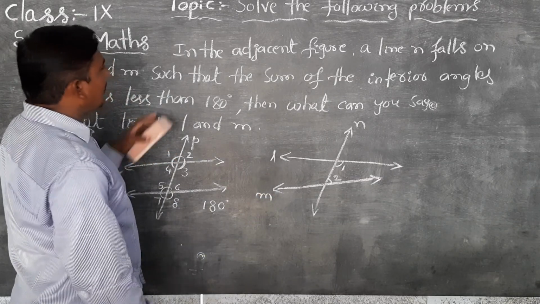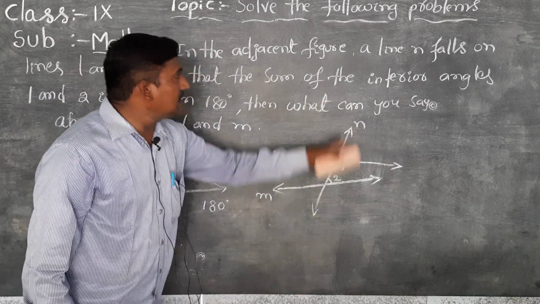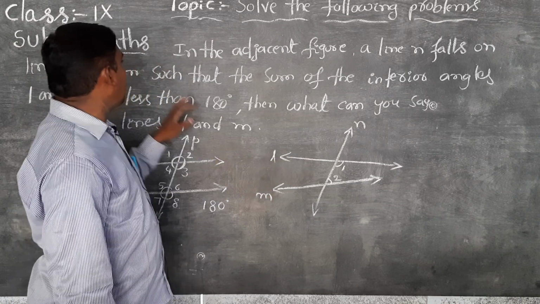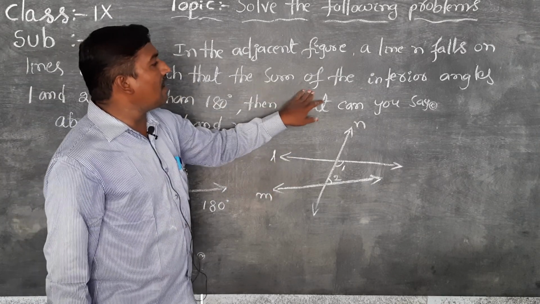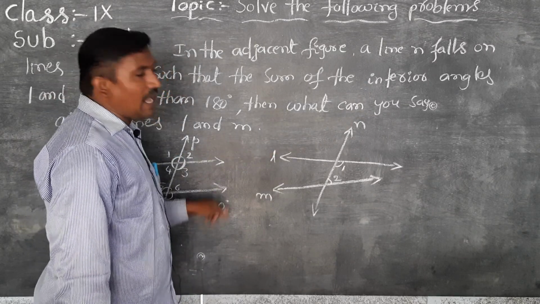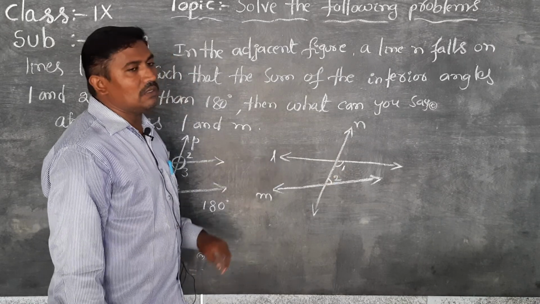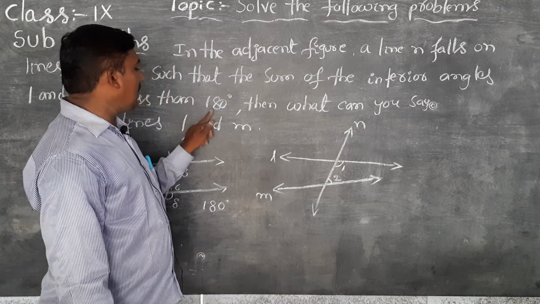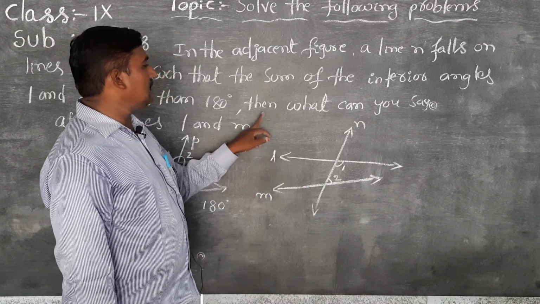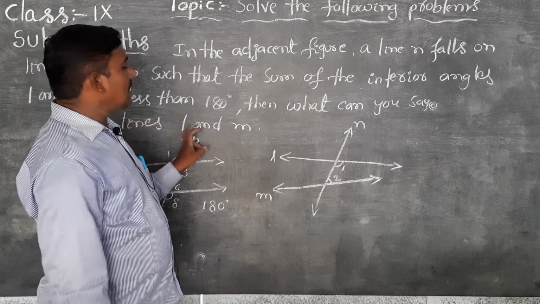Here what they are saying, in this figure, a line N falls on the lines L and M, such that the sum of interior angles 1 and 2 is less than 180. Means these two angles added are not equal to 180. Supplementary angles are not there. Less than 180 is there. So then what can you say about lines L and M?